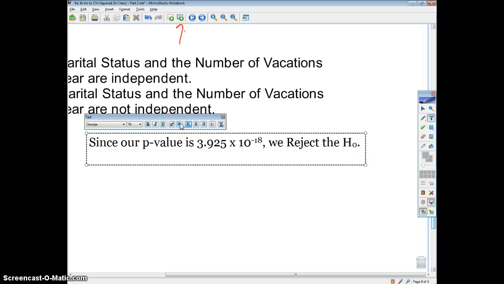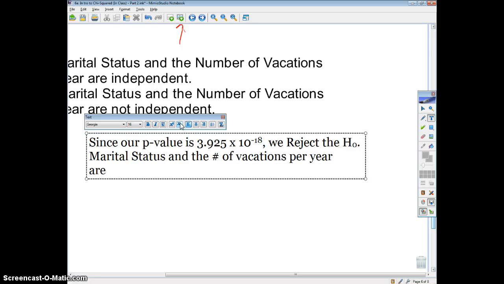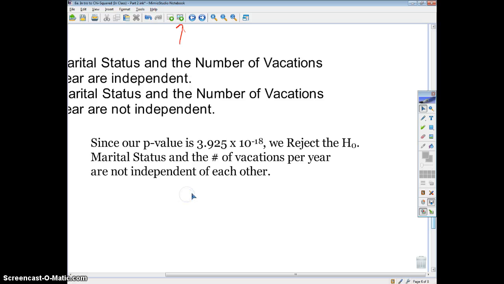Okay, so what we're saying is that marital status and the number of vacations per year are not independent of each other. Okay, meaning there's some sort of a causal relationship, but we're not worried about what causes what just yet.